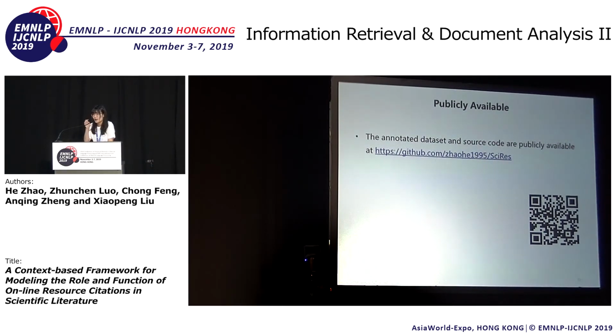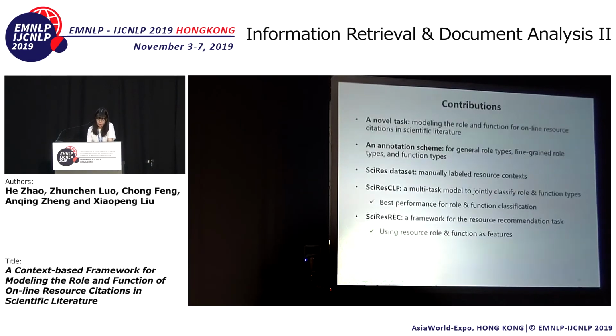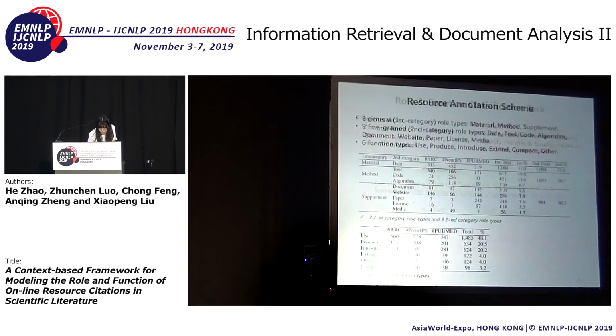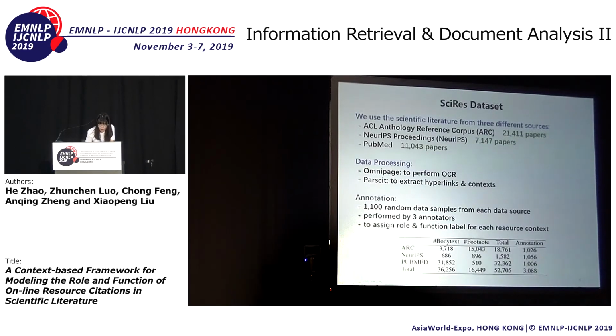Can you go to slide 9? Slide 9, okay. Yeah, that's the line. Right, so here it says PubMed is 11,000 papers. Yeah. But there are 30 million abstracts in PubMed.